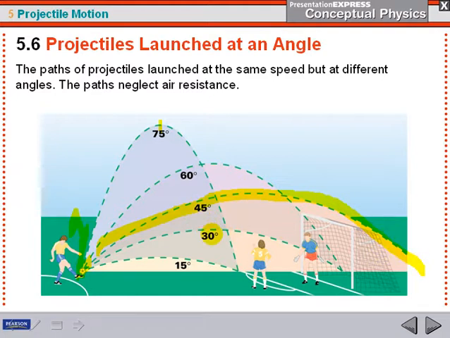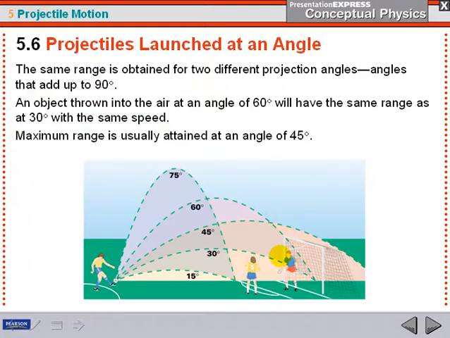The other thing you're going to notice is that if you launch something at 15 degrees and at 75 degrees, they're both going to end up at roughly the same spot. 15 and 75 is 90 degrees. If you launch an object at 60 or 30, they should have the same range also. 60 plus 30 is 90 degrees.